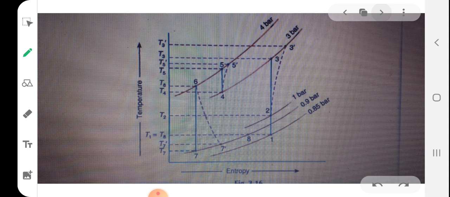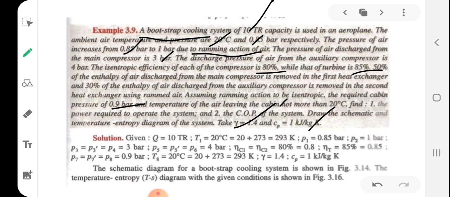And now the isentropic efficiency of both compressors, primary and secondary, is 80%, and the turbine has an isentropic efficiency of 85%. 50% of the enthalpy of air discharged from the compressor is removed in the first heat exchanger. The first heat exchanger removes 50% of the enthalpy.